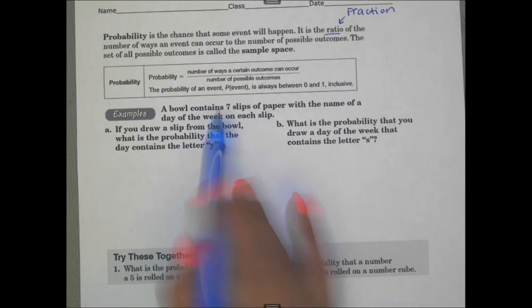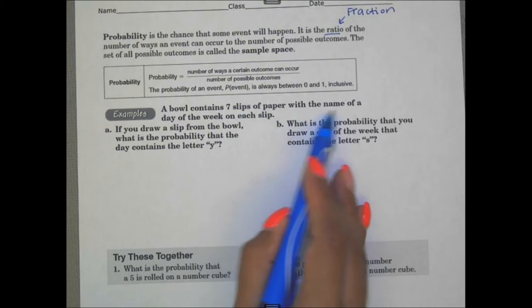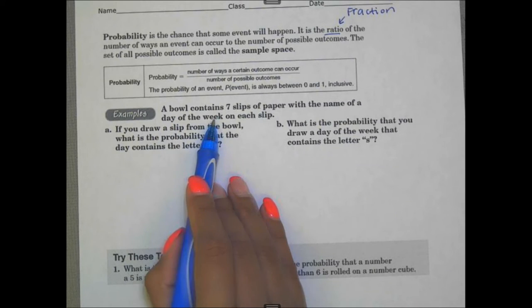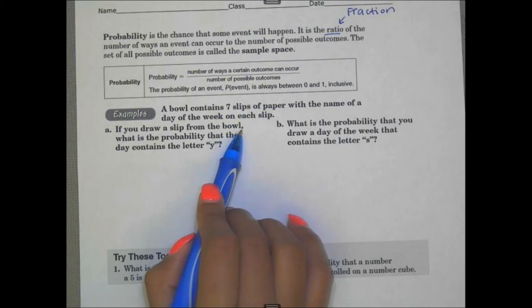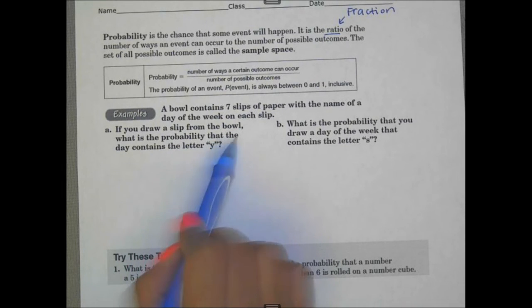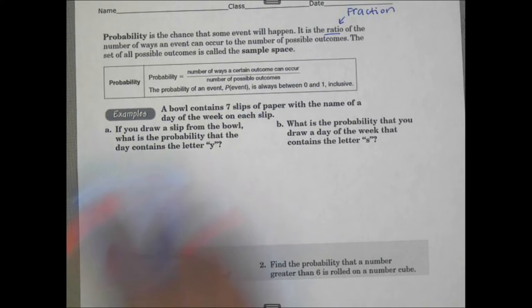A bowl contains 7 slips of paper with a name of a day of the week on each slip. If you draw a slip from the bowl, what is the probability that the day contains the letter Y?